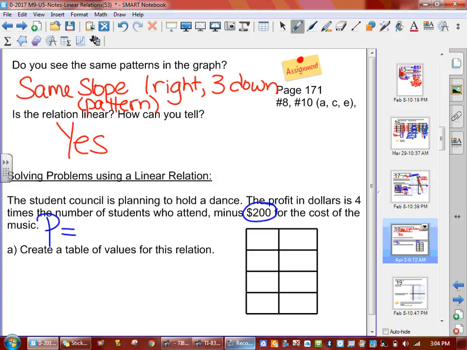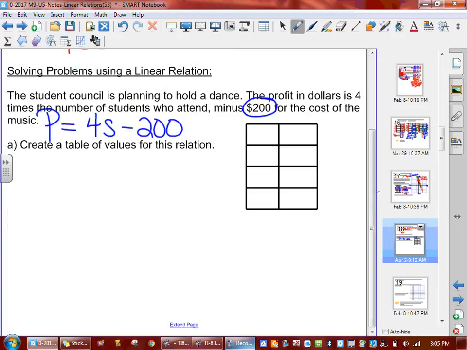Because $200 is the base price. So we're going to create an XY value here. And we're going to do it this way. So we've got X and Y, and in this case, X is going to be S for number of students, and Y is going to be P for the profit, for the money. Okay?